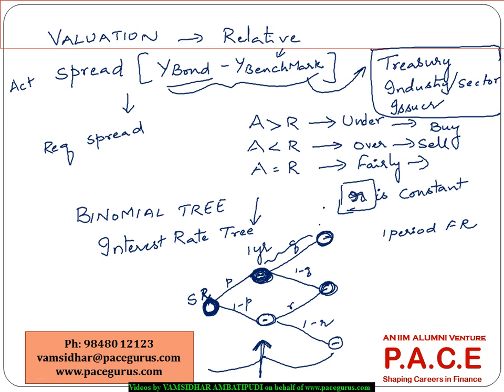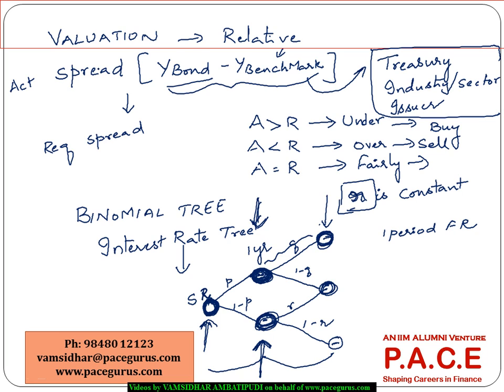If I say the cash flows correspond to this period, then I discount them first to this period, then discount them to this period. So if I am discounting them to this period, I'll use the cash flows of this period and the interest rates of this period and discount them. If I want to discount to this period, I take the cash flows of the period one period ahead, and then discount them by the interest rate of the previous period.